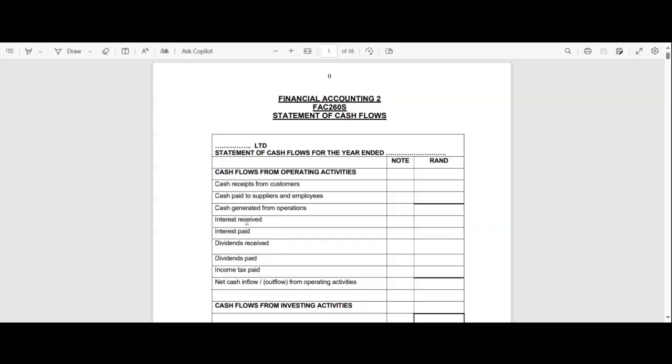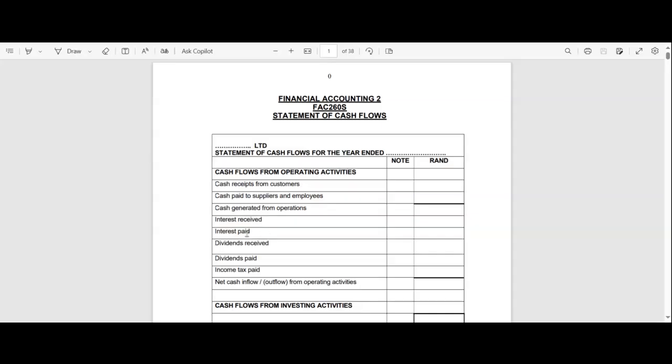why it's so important here to indicate received and not income, and paid and not expense, because these are not the same as the incomes or the expenses. And when we get to the more complicated, they're not that complicated, but when we get to the more advanced exercises from question 3 onwards, we'll see how, if we have our interest income figure, we can convert it to a cash flow.